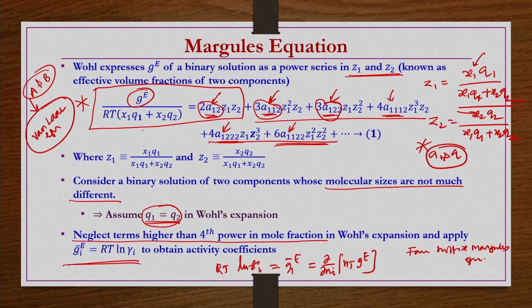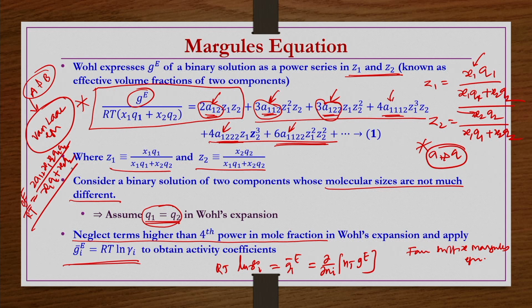So, from this point of view, if you take only this part of the equation, Ge by RT over x1 q1 plus x2 q2 is equal to 2 a12 z1 z2, and if you substitute z1 z2 and simplify, you will get Ge by RT is equal to 2 a12 x1 x2 q1 q2 divided by x1 q1 plus x2 q2.